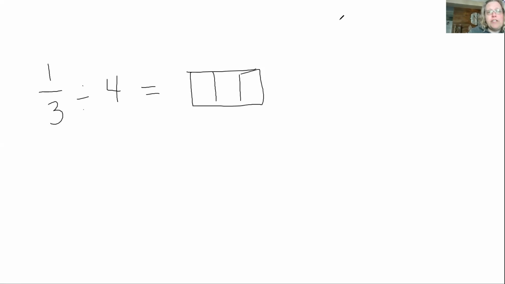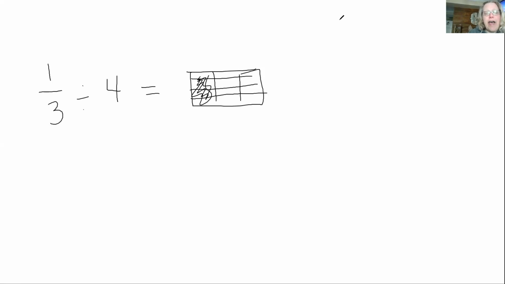So if we focus just on this piece right here that I'm shading in, now I'm going to divide that into 4 equal pieces. So if I divide that into 4 equal pieces, I've got 1, 2, 3, 4. And you'll notice that I now have shaded and I have made 12ths.